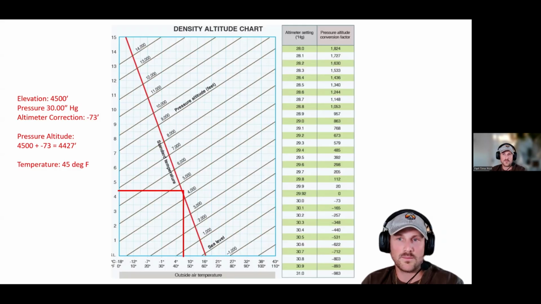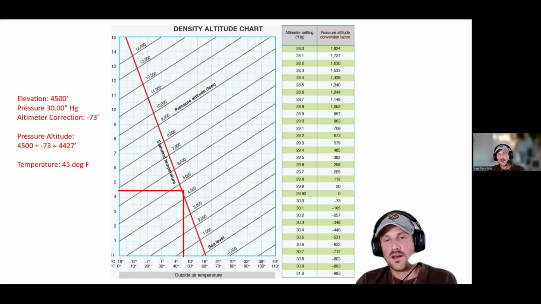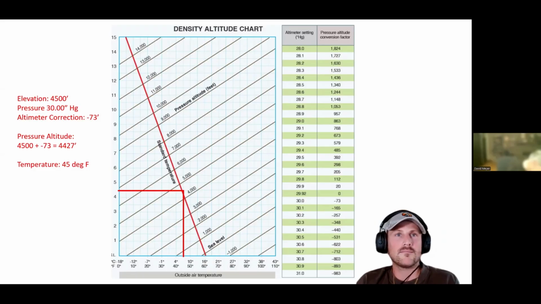Maybe David's gone. No, I'm here. Oh, okay. I could have sworn I did this right. So from 45, the line up from 45 crosses the 4,000 foot pressure altitude at about 4,500.